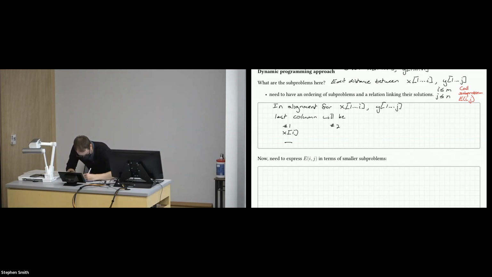Option two is that I put a blank over yj. And option three is that I put xi over yj.